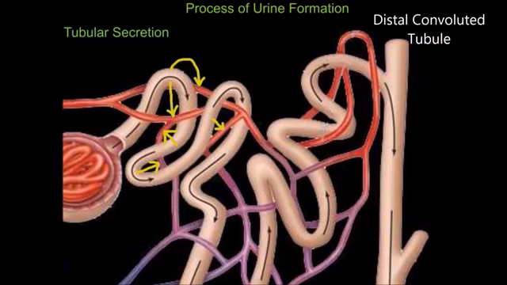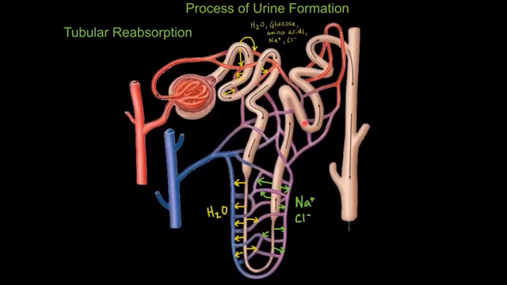In the distal convoluted tubule, we see the tubular secretion of ammonia, hydrogen ions, potassium ions, and drugs. And finally, after the distal convoluted tubule, the substance, now called urine, enters the collecting duct. And at the collecting duct, we see the last of tubular reabsorption of water. And this is where the dilution or the concentration of urine occurs.